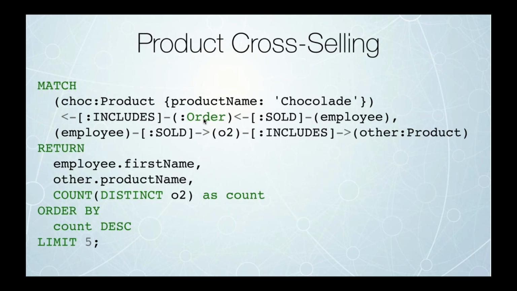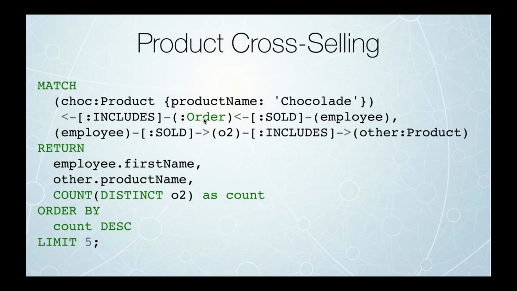Let me give you this one other example, and then I'll go into that demo and then take a few minutes of questions. So this one other example is product cross-selling, so finding chocolat. Basically, find all orders that include chocolat, and find the employees and what other products they included in those orders which contain chocolat.